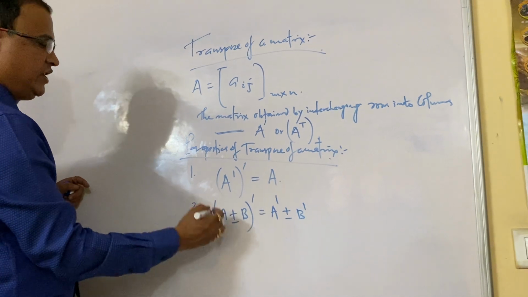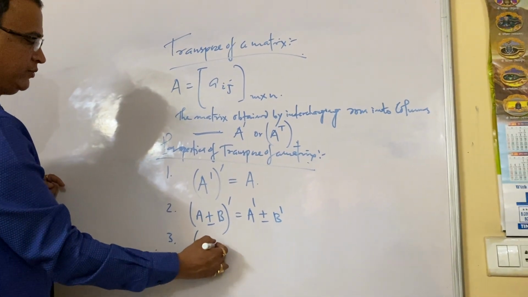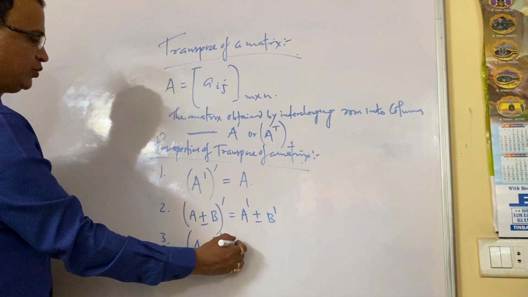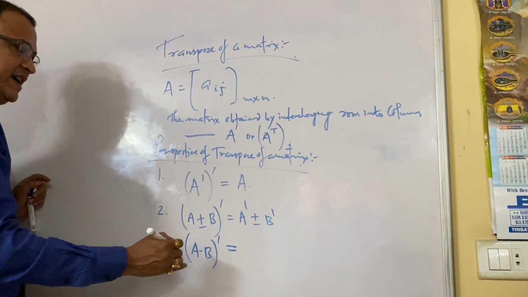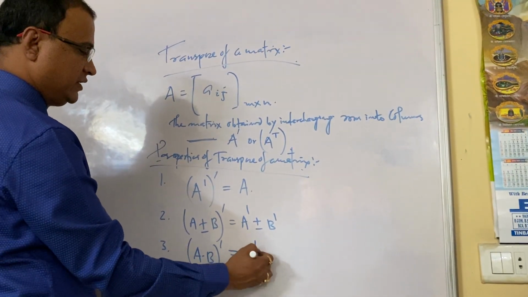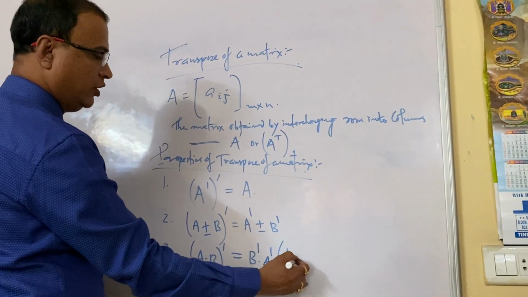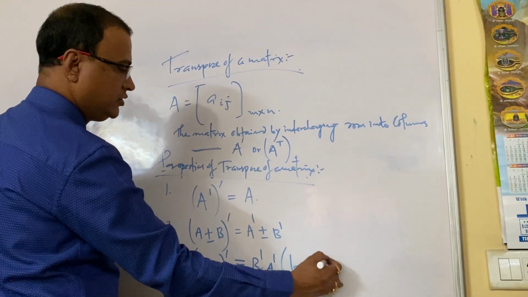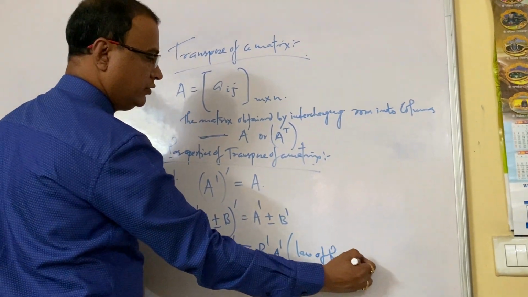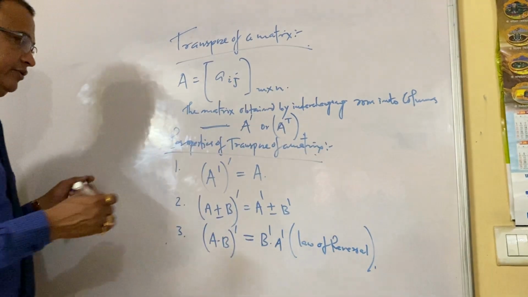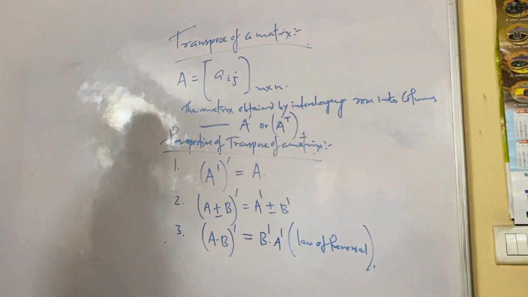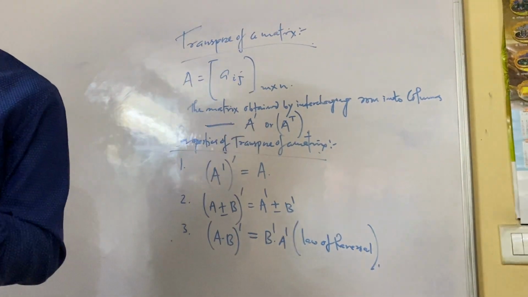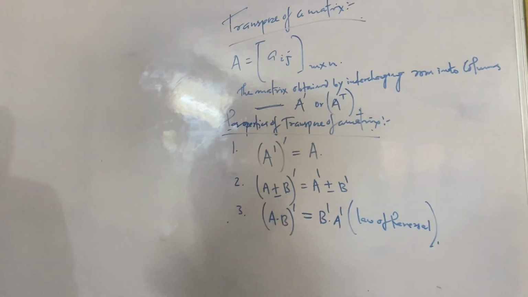Number three: A into B. If you multiply two matrices and transpose, it is not A dash B dash, it will be B dash into A dash. This is called the law of reversal. If you transpose a matrix twice, you get the matrix itself.